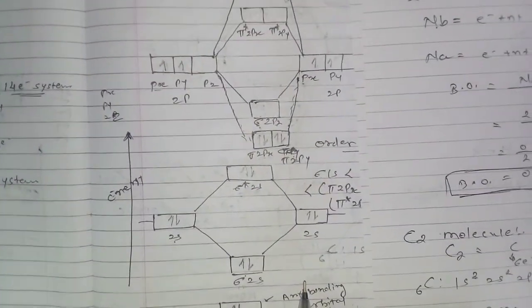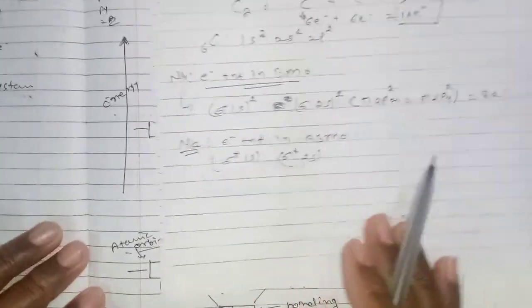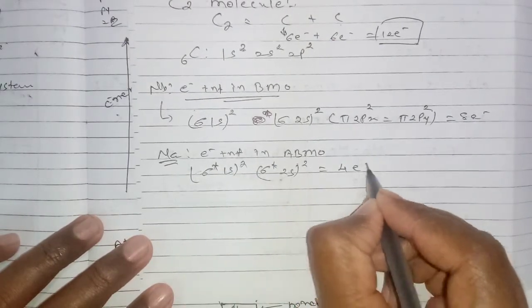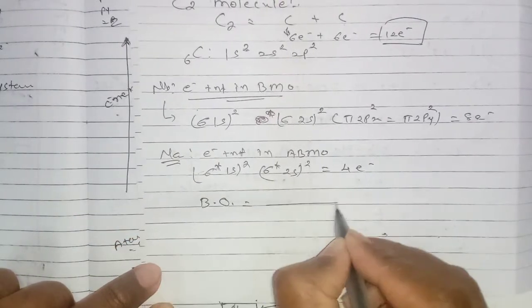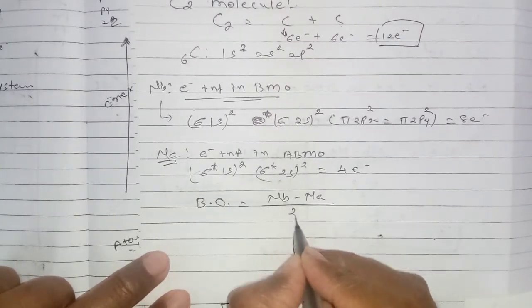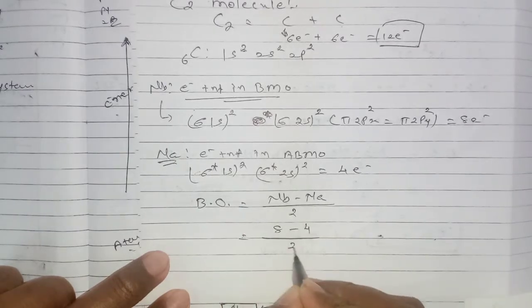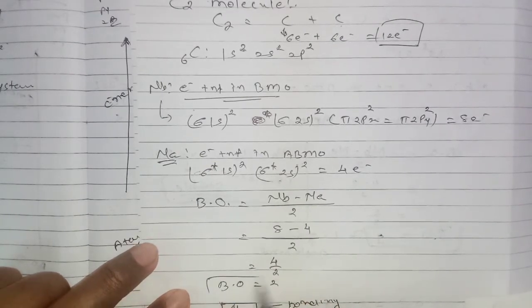There is no electron in pi antibonding orbitals, so total 4 electrons. Now the bond order is equal to Nb minus Na divided by 2. Nb is 8, 8 minus 4 divided by 2, 4 by 2 equal to 2. Bond order is 2. Then between 2 carbon atoms there is a double bond.